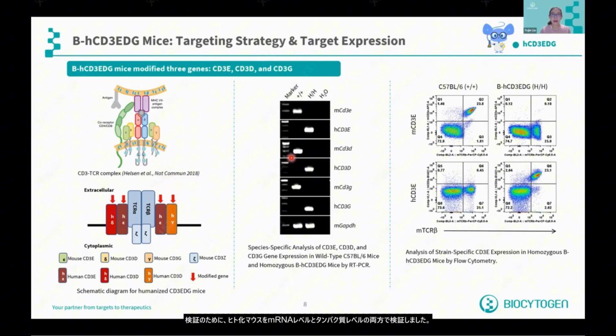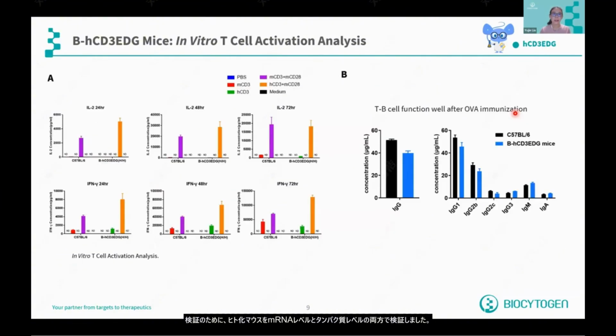For the validation, we validated the humanized mice both at the mRNA level and the protein level. And we also did some validation of the mice in vitro. First, we gave the mice mouse and human CD3 and CD20 antibodies, and we can see that it has comparable humanization levels compared to wild-type mice. And we detected IL-2 and IFN-gamma at different time points, and we got very good results using the humanized mice.